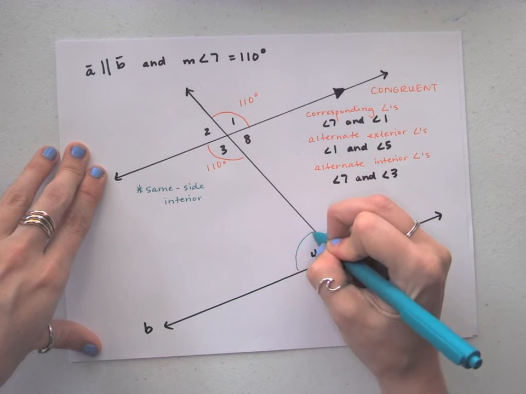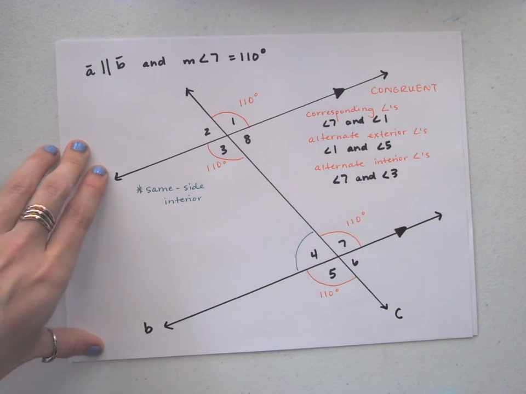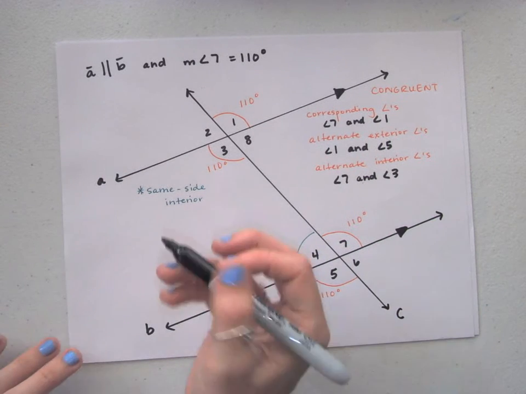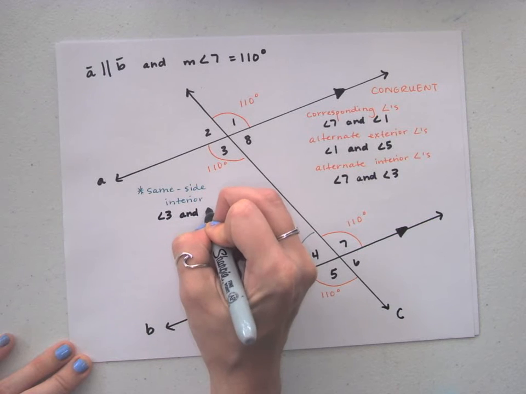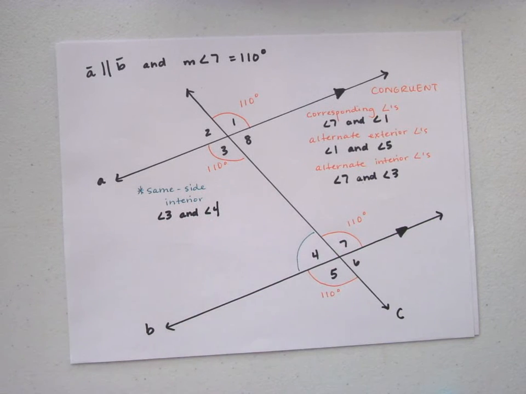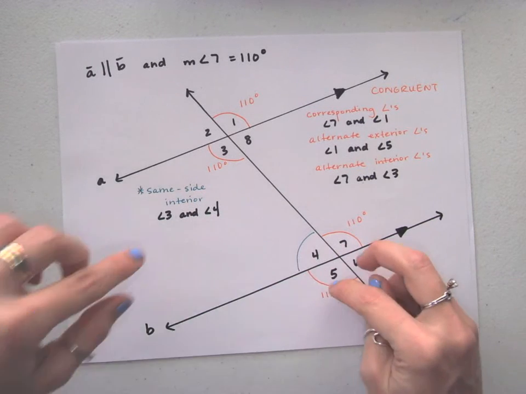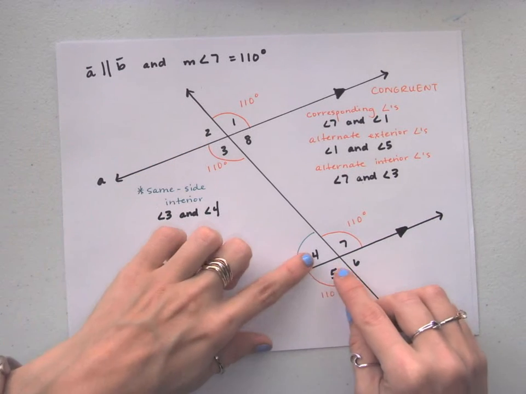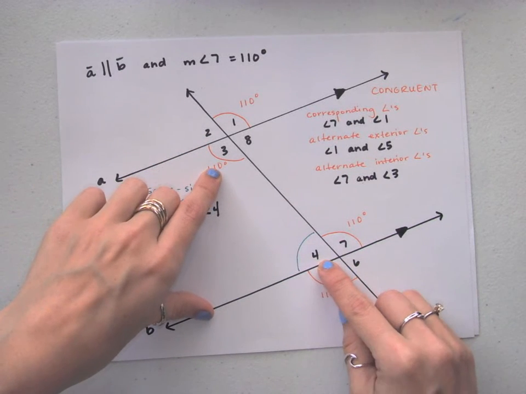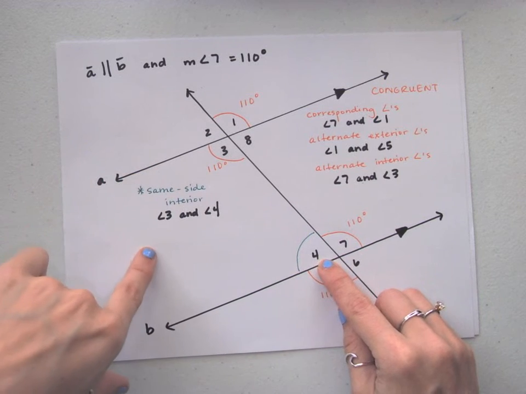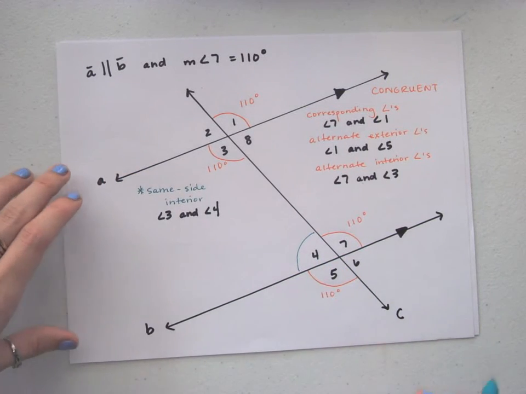So angle 3 and angle 4 are same side interior angles. Now, you might be able to notice by eye that angle 4 is an acute angle, angle 3 is an obtuse angle. They cannot be the same measure. Same side angles are not congruent.